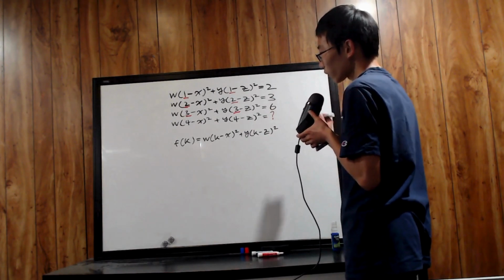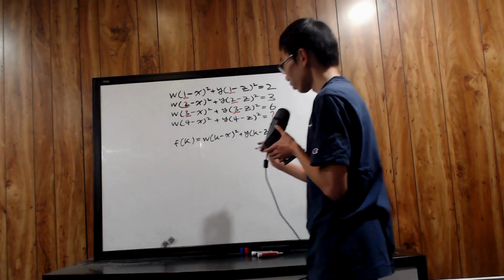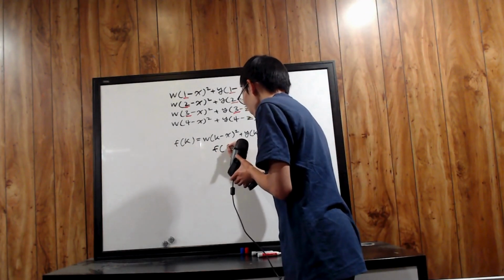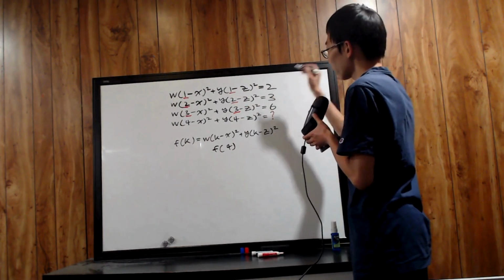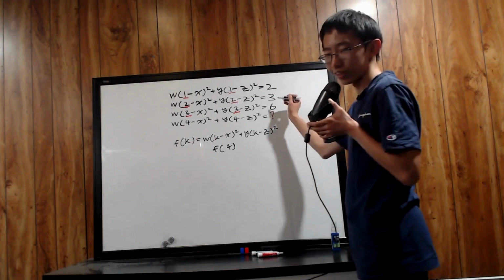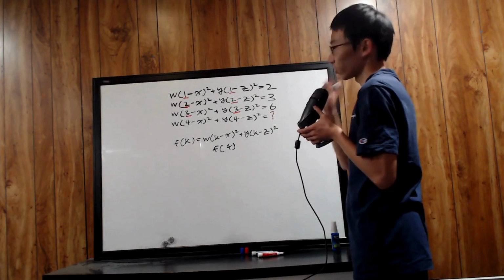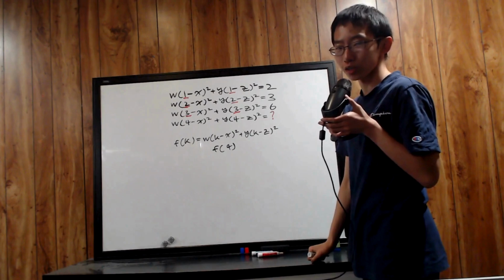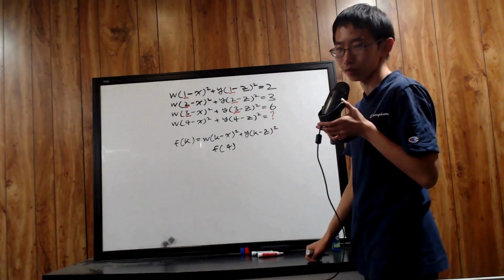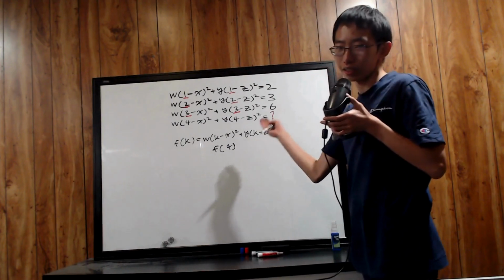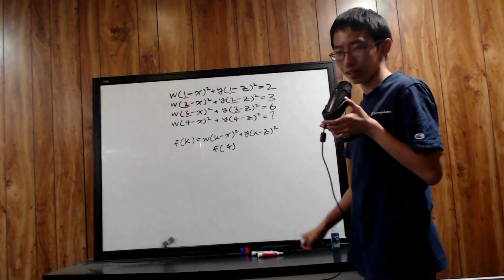So our question is basically translated to, what is f of 4, given that we know f of 1, f of 2, and f of 3? Here's the thing. Whenever you see a complicated problem, always try to retranslate it into something that is more manageable. Okay, so now that we've translated it into this form, let's get our answer.